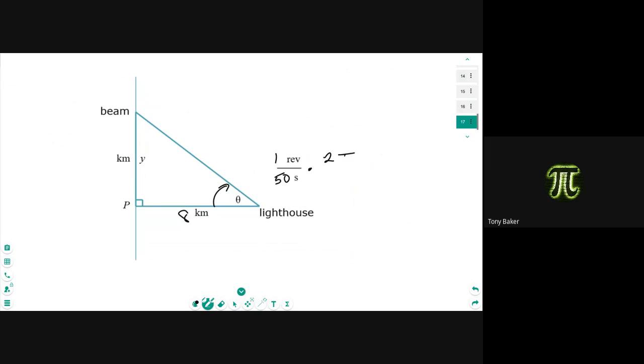So 2 pi is 1 revolution, so that's 2 pi over 50, or pi over 25 radians per second. Because that's what they wanted it in.